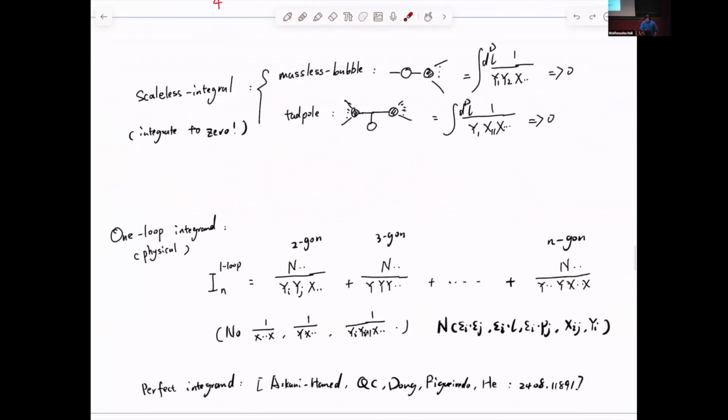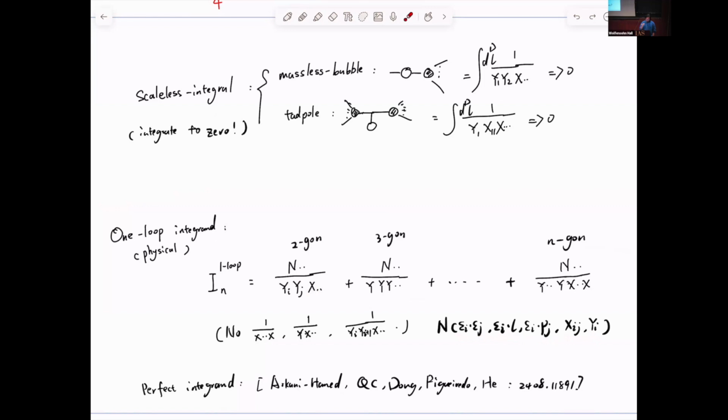So physically, the one-loop integrand we are interested in starts from massive bubble, then triangle, up to the n-gon. So the question is, we can now expand all the expressions which have poles in some y_i and some x, and the numerator is a polynomial of epsilon dot l, epsilon dot p, x_ij, and y_i.